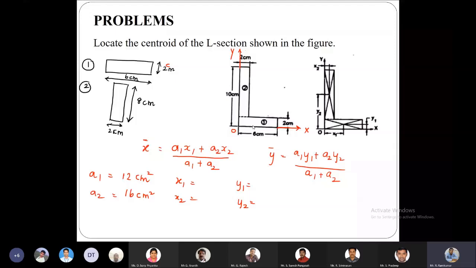And then similarly for y bar, we'll be using a1 y1. So a1 is 12 into y1, which is 1 centimeter, plus a2, 16 into y2, 6 centimeters, divided by a1 plus a2. So we get 12 plus 16. Thus we get some value of y bar in centimeters.